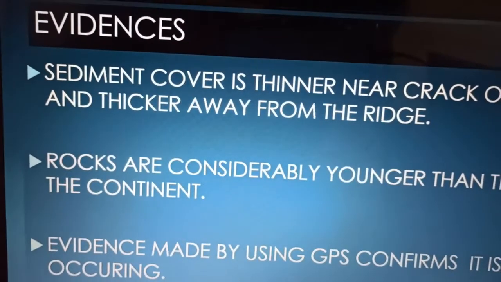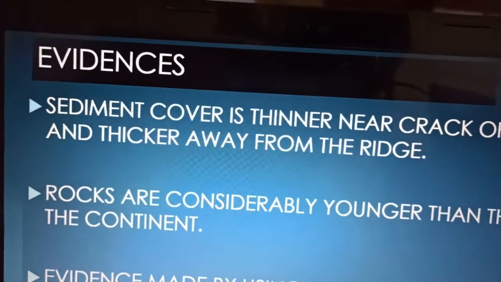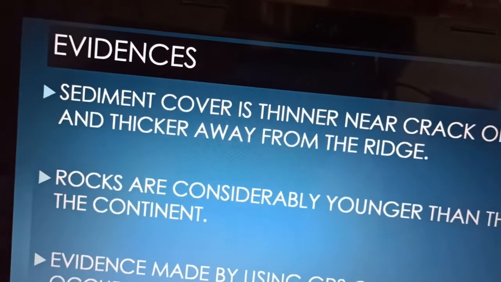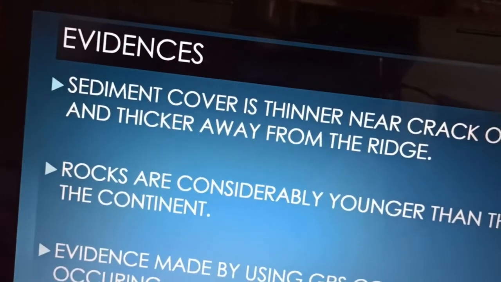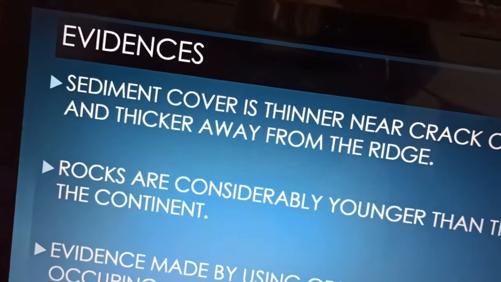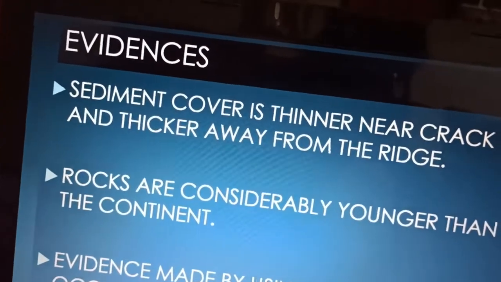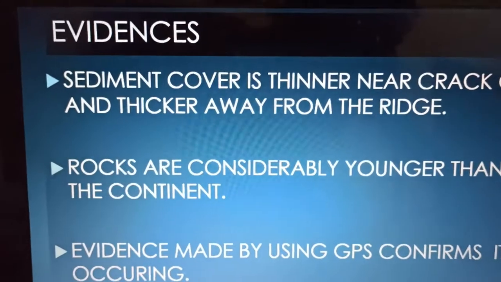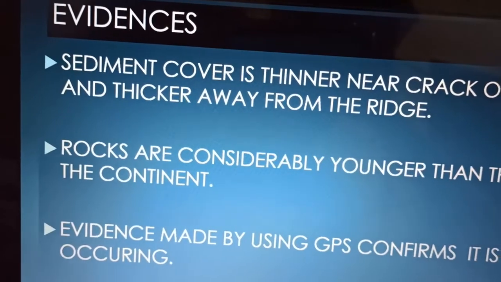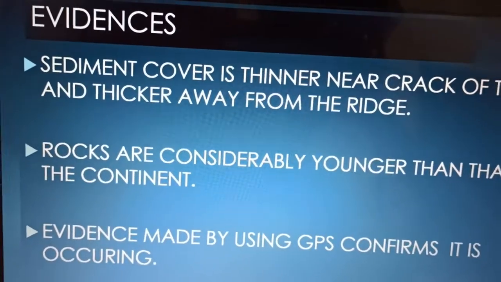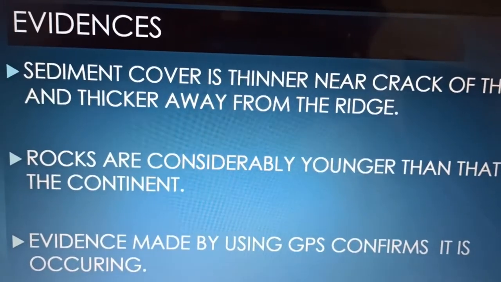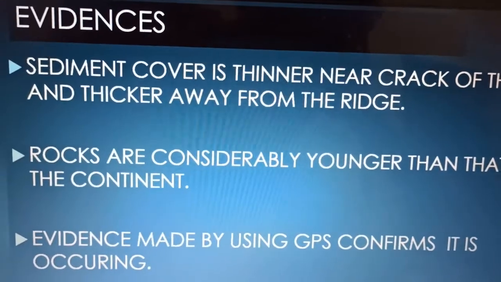The first is that samples of the deep ocean floor show that the basaltic oceanic crust and the overlying sediment become progressively younger as the mid-oceanic ridge is approached, and the sediment cover is thinner near the ridge but thicker moving away from it. The next evidence is that the rocks making up the ocean floor are considerably younger than those of the continents. Samples show that the ocean floors are merely 200 million years old, whereas continental rocks are older, about 300 million years.